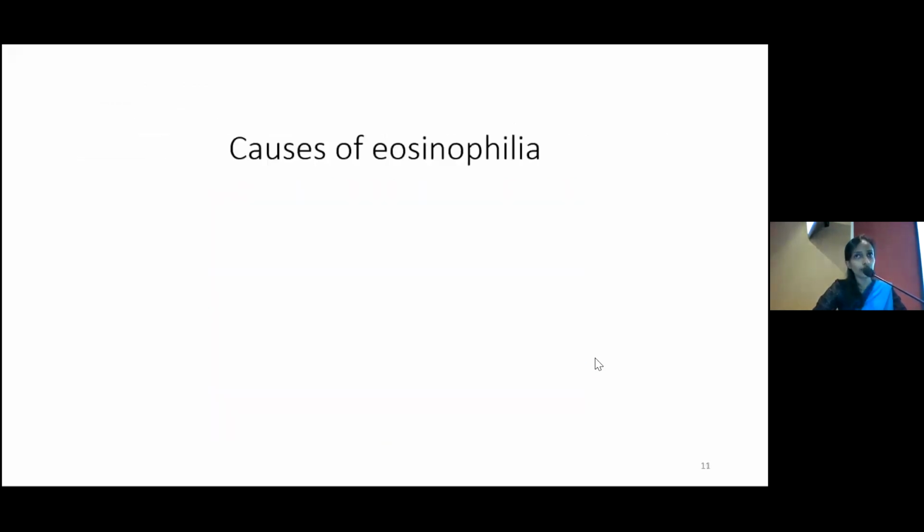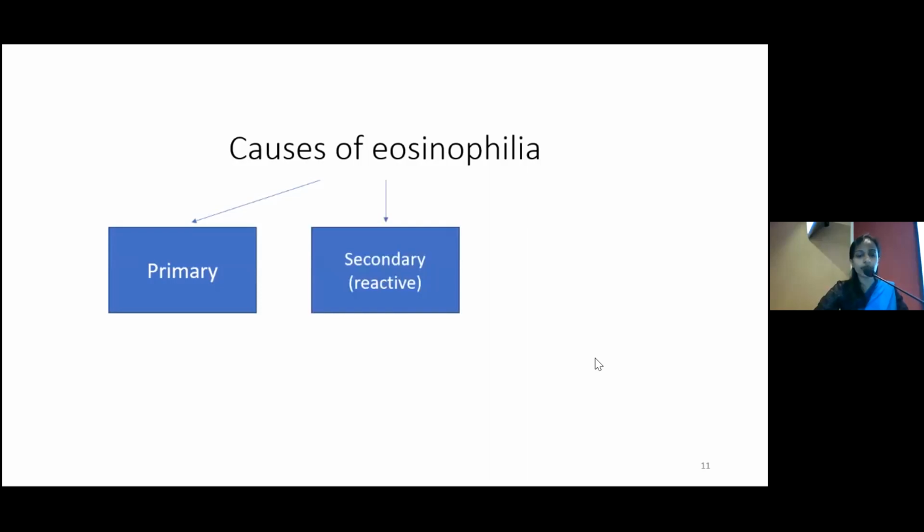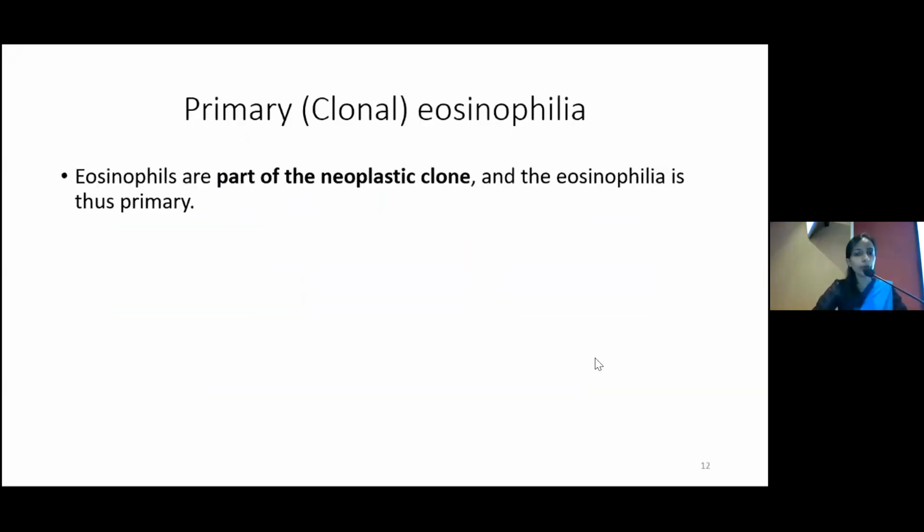Moving on to causes of eosinophilia, causes can be categorized into 3. First entity is primary or clonal eosinophilia. The second subtype is secondary or reactive eosinophilia, which will be the highlight of my talk today. And finally, there's idiopathic eosinophilia. Primary or clonal eosinophilia is when eosinophils are part of the neoplastic clone.